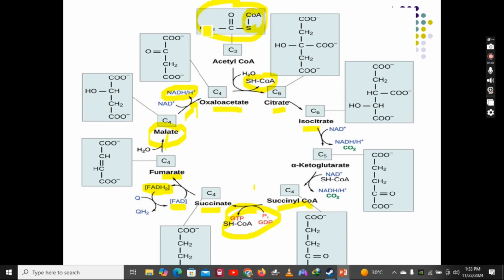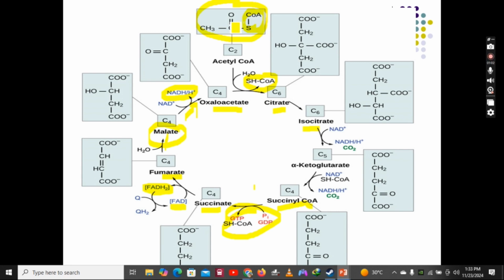You've seen the carbons are just two: 1, 2. These two carbons have come from pyruvate. Pyruvate had 3 carbon molecules, so 1 carbon molecule has been decarboxylated, it has been removed. Do you understand? Yes.